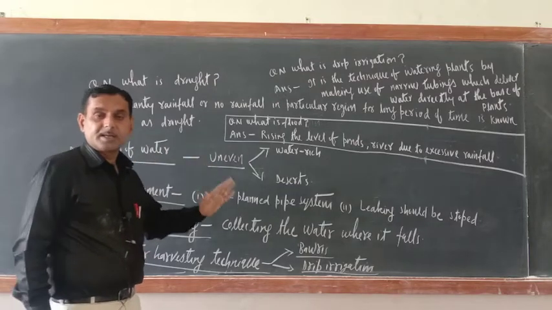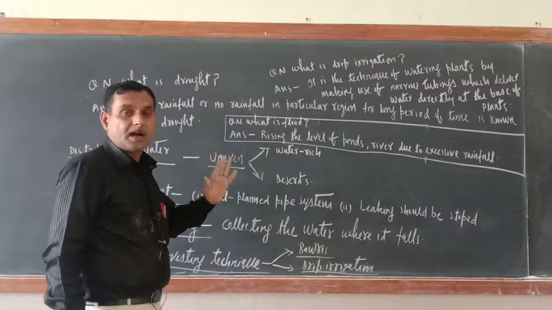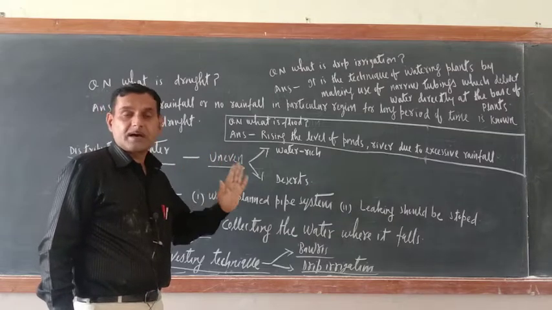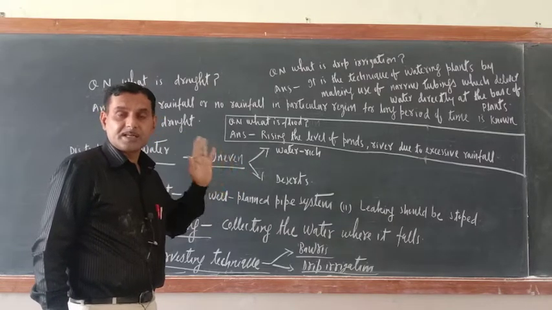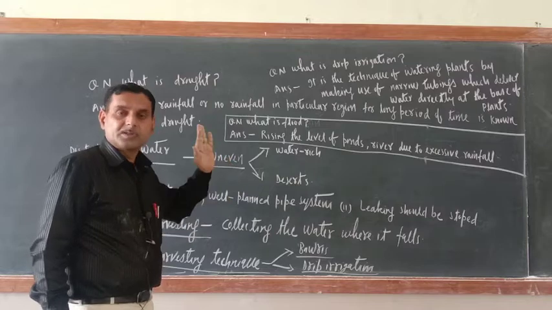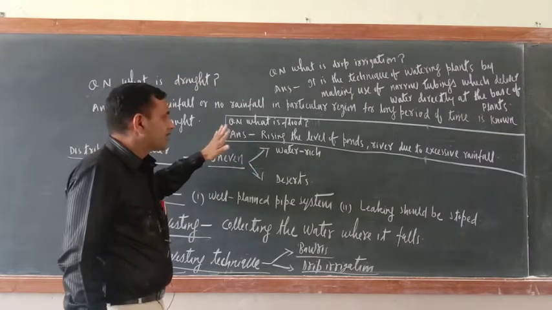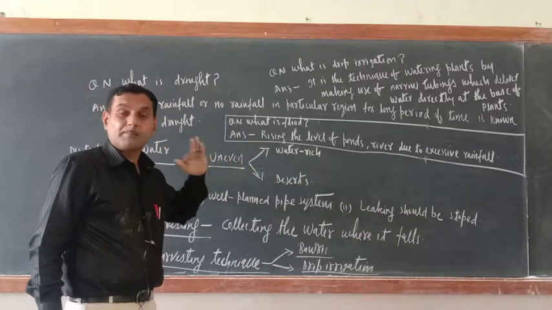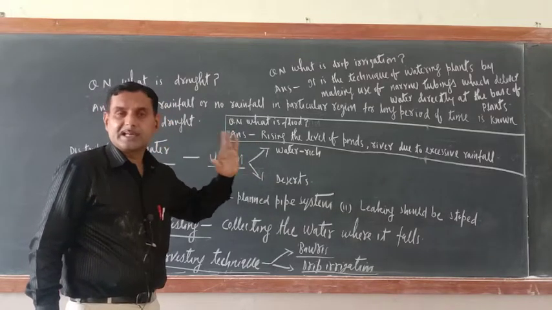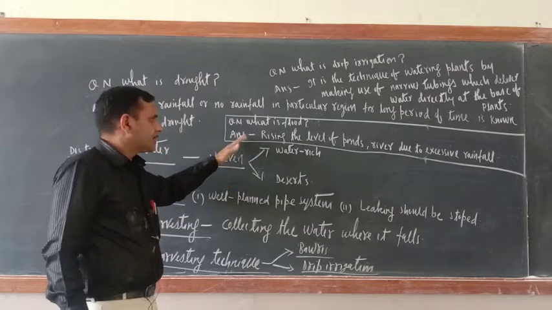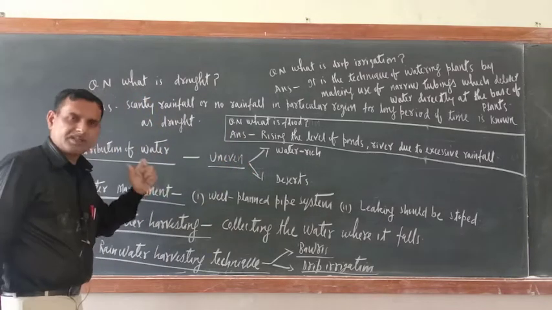If flood is there, there is a loss of public property, a loss of people's lives, a loss of animals' lives. So this is also not good for the country. Flood should also be avoided by planting more and more trees. So these are the two key points of this chapter.